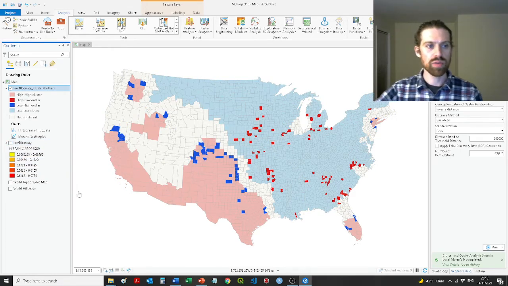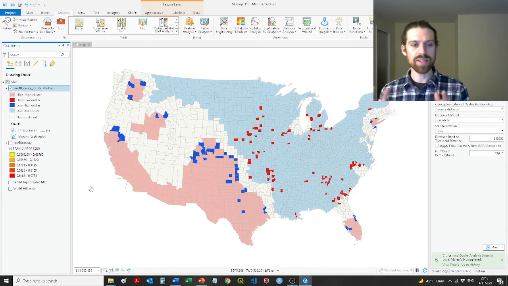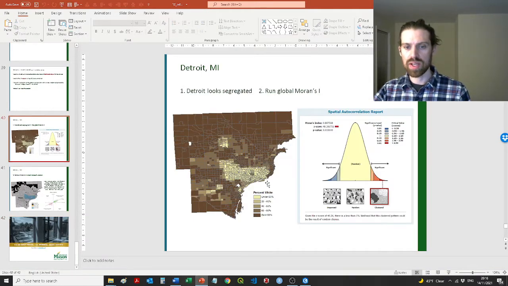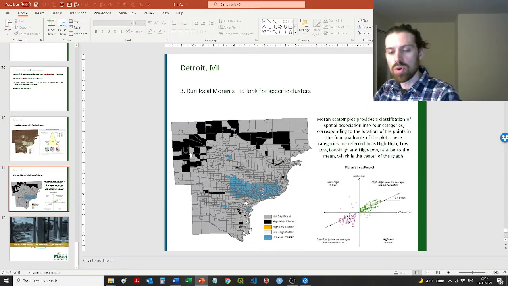Fantastic. So for that Hispanic rate that we looked at, I'll just remind you before we get to that interpretation that we can actually look at where these points are within these sets of quadrants.